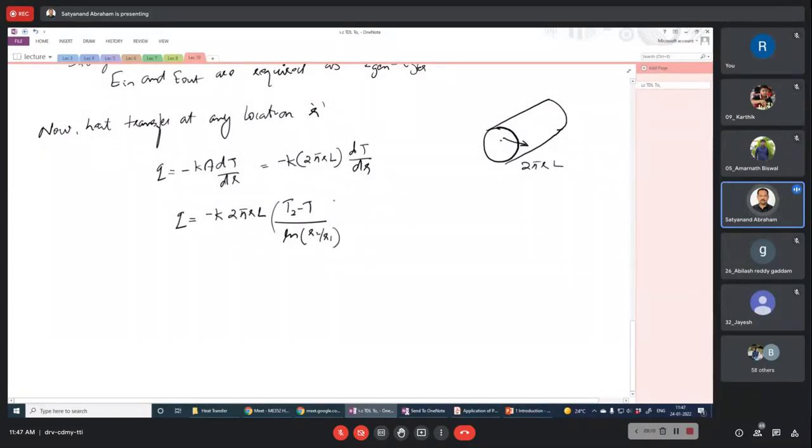So this is dT by dr into 1 by r, where C1 by r is our dT by dr. Here you can cancel this r off. I'm just rearranging it. Here we have a negative sign, and I'm taking it inside. So you can write 2 pi K L (T1 minus T2) divided by ln(R2 by R1).